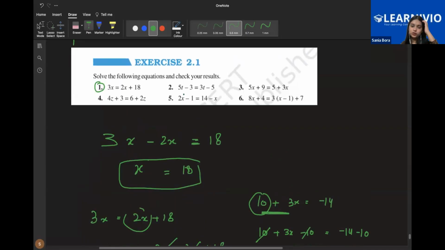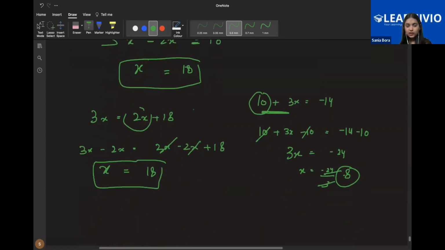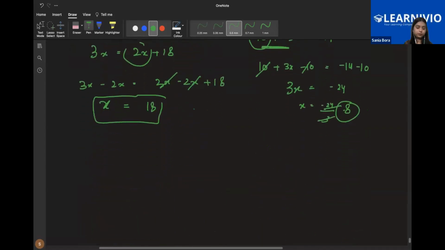Okay, so now try this one. Okay, just don't try this one. I'll give you another one.